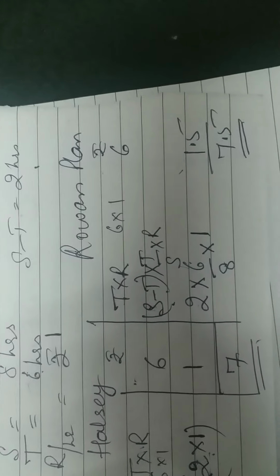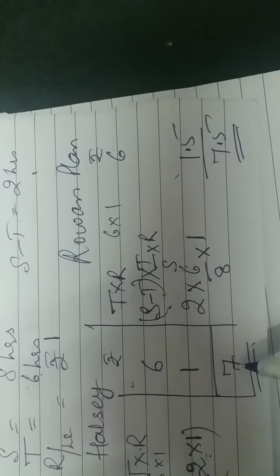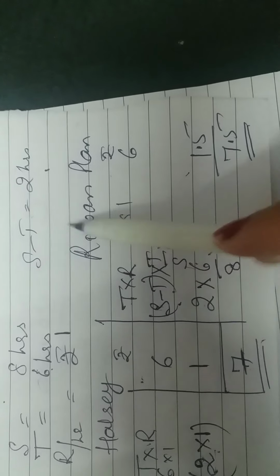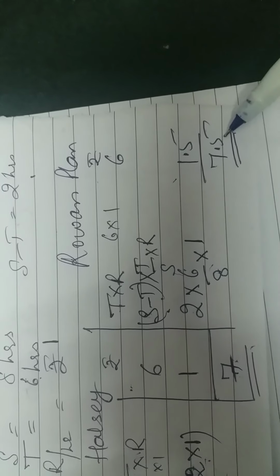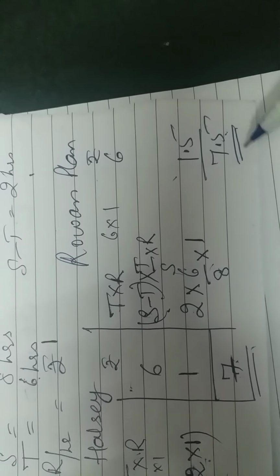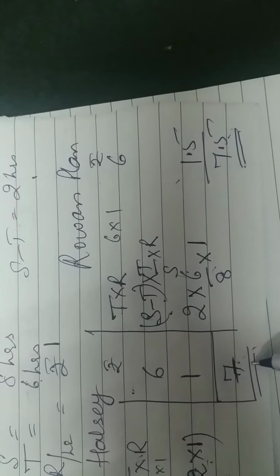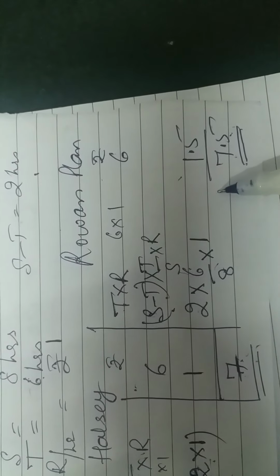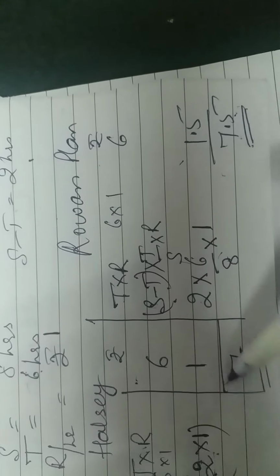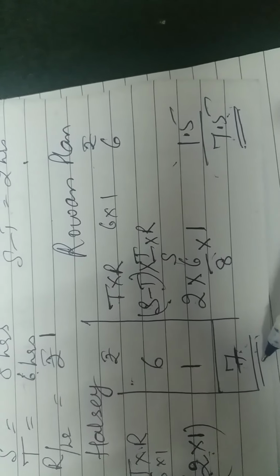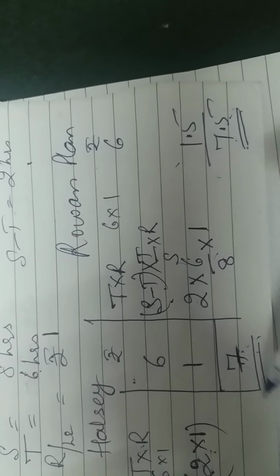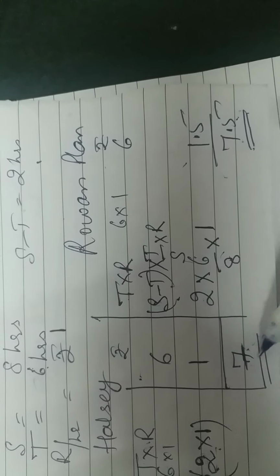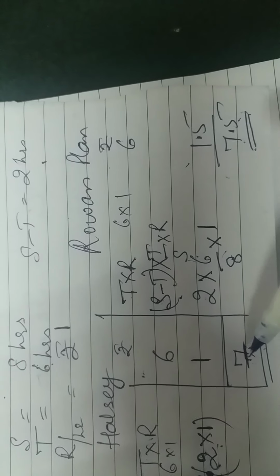Now, my dear students, you can very well see that the wages being paid for the same calculation under the Halsey plan are 7, and under Rowan 7.5. If I want to compare these two methods, then for workers Rowan is better, and Halsey is good from the owner's side, as he is giving lesser wages.